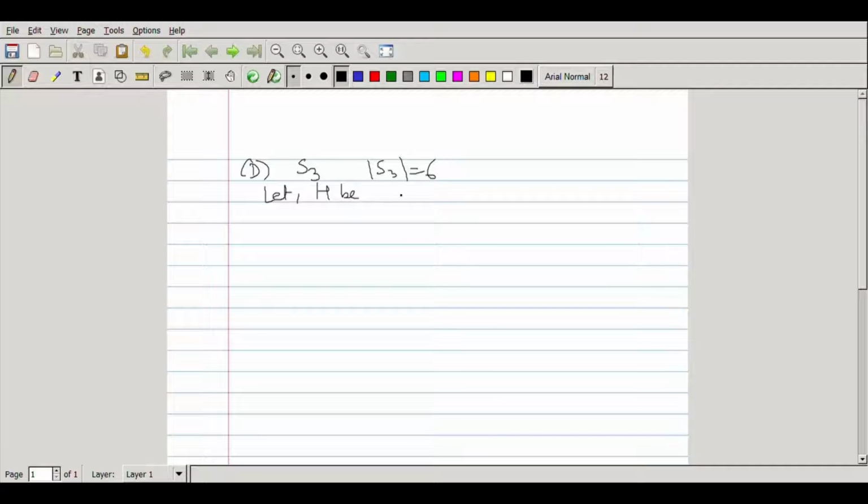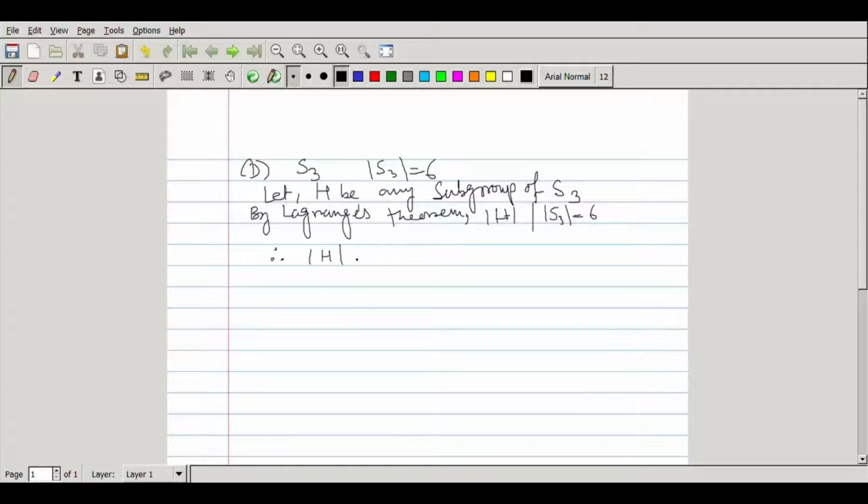Let H be any subgroup of S3. By Lagrange's theorem, the cardinality of H divides the cardinality of the whole group, that is 6. Therefore, the cardinality of H is 1, 2 or 3.